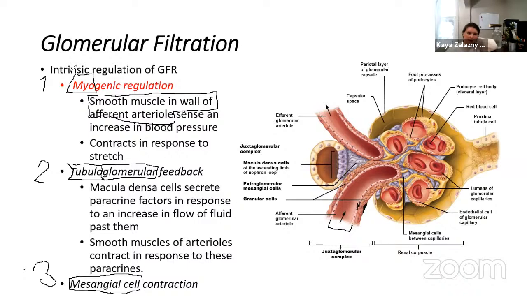So myogenic regulation, what happens is that smooth muscle can contract. So just like other places we see smooth muscle, when that muscle gets stretched out, right, it wants to bounce back. So if it stretches out too much, it's going to contract in response.